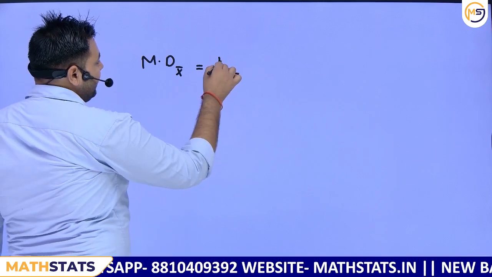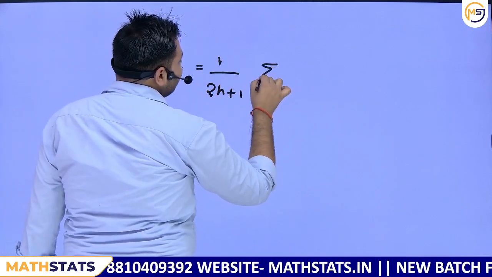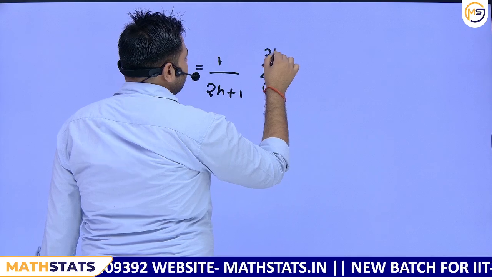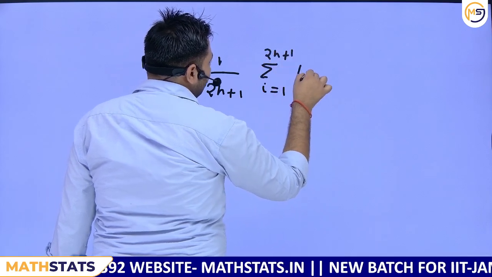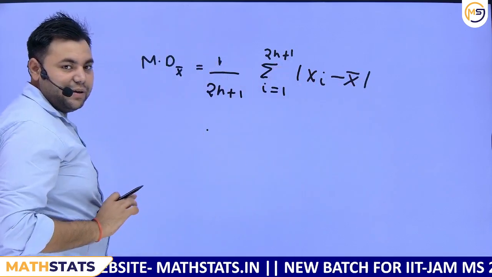So we write 1 upon 2n+1, summation i equals 1 to 2n+1, mod of xi minus x bar.